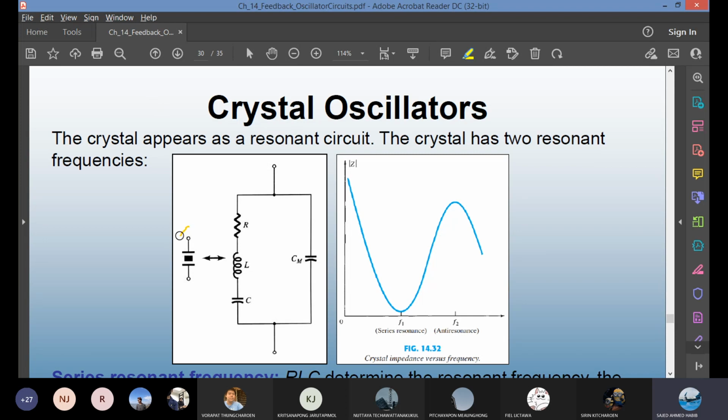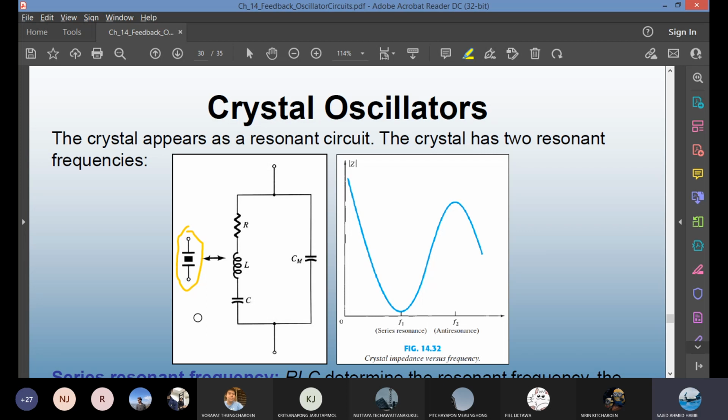So this is a crystal. What is a piezoelectric device? When you apply pressure across one set of surfaces, a voltage, which is a potential difference, will appear across the opposite surface. Piezoelectric, P-I-E-Z-O.